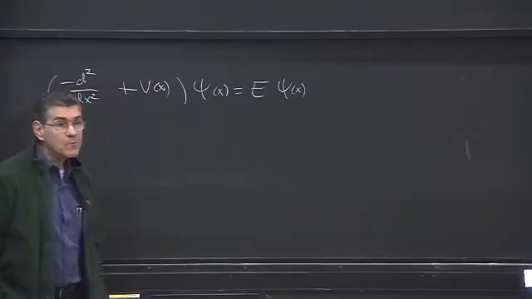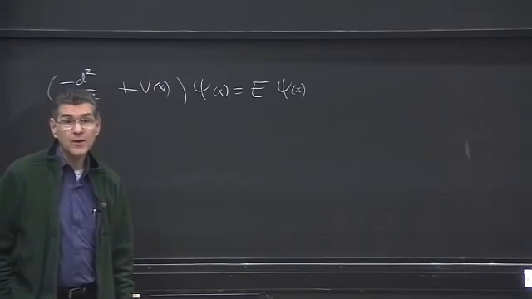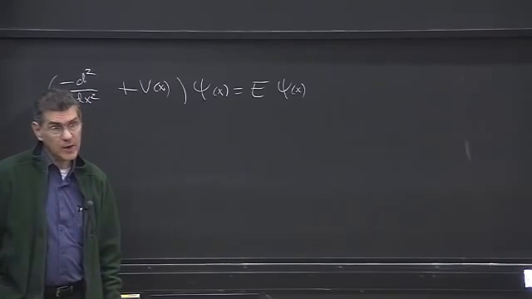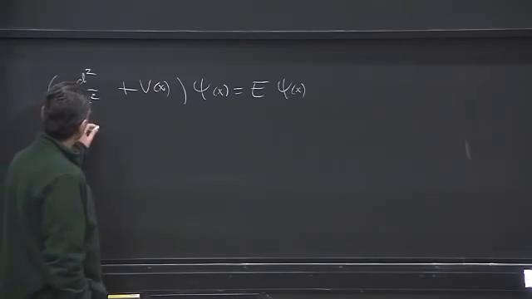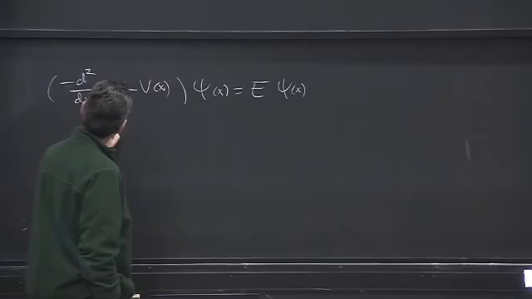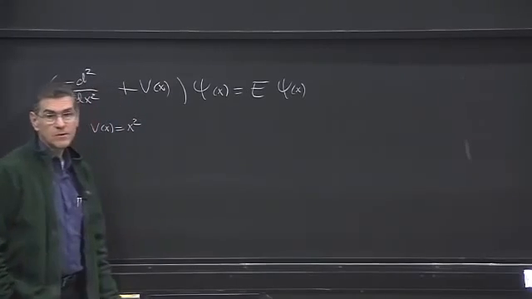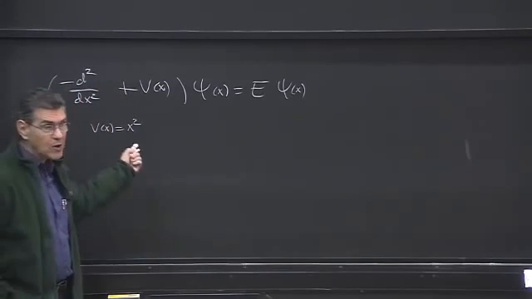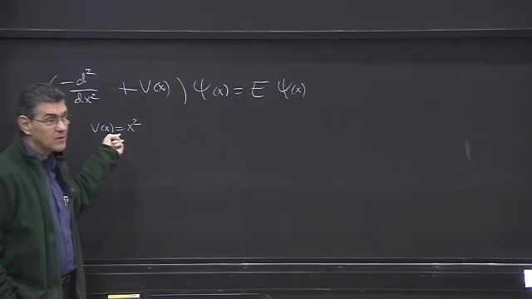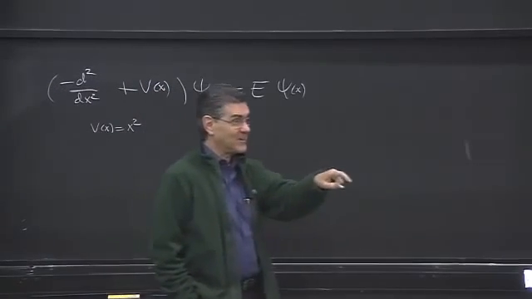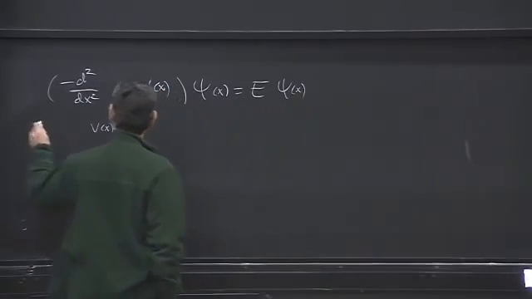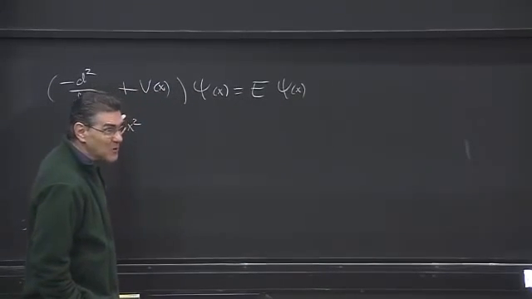Now, there's one problem that you do know how to solve. And that problem is where V of x is equal to x squared. And what problem is this? Harmonic oscillator. You betcha. In fact, this is about the only problem we know how to solve.